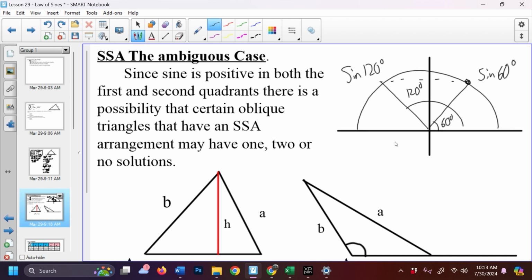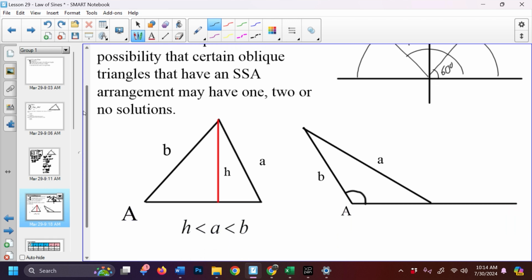They both have a value of square root of 3 over 2. Therefore, I could make 2 triangles, one with a 60-degree angle and one with a 120-degree angle, that could have the same lengths for 2 of the 3 sides.